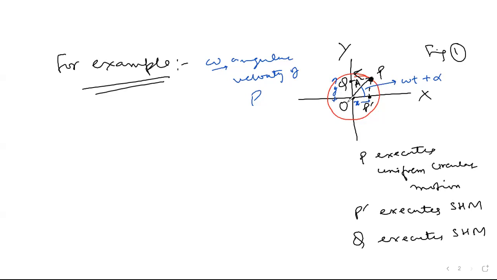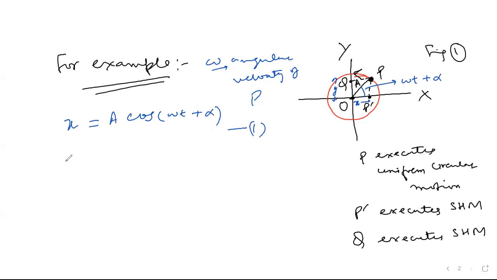So x and y change with time, right? From this figure, it is evident that this x, which is time dependent, is simply a cos(omega t plus alpha). Let me name it first.